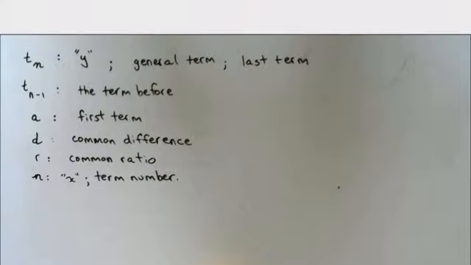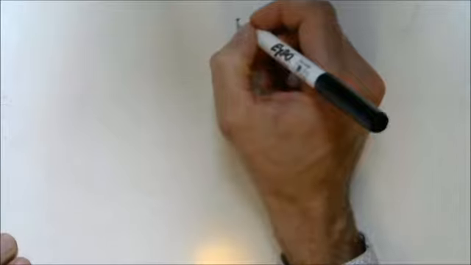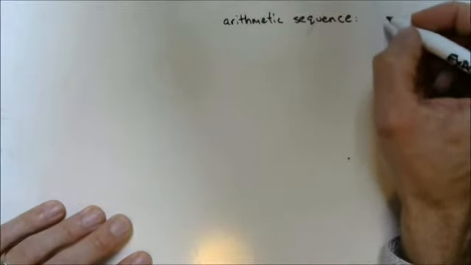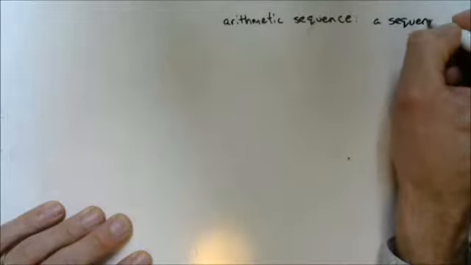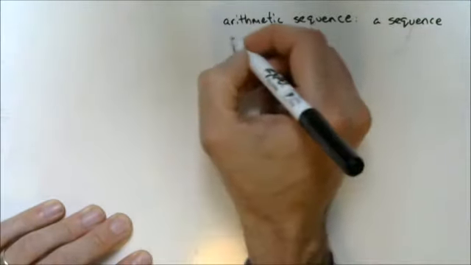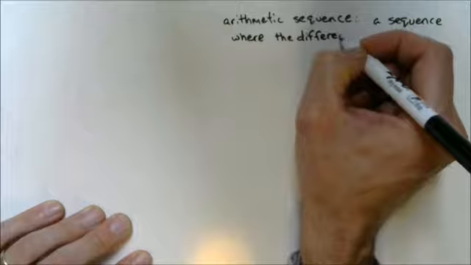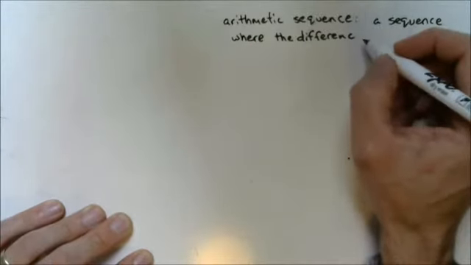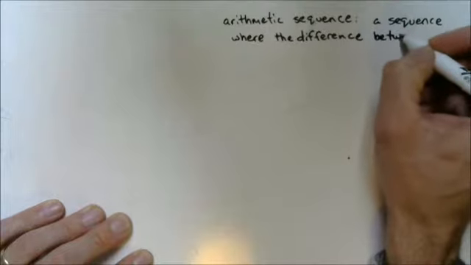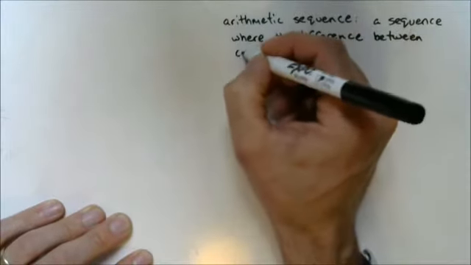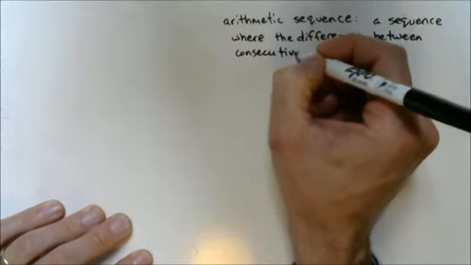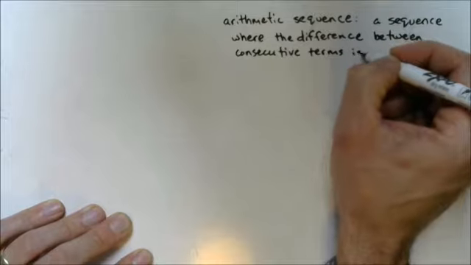Now on the right side of that page, we will have two definitions, the first of which is arithmetic sequence. This is a sequence where the difference between consecutive terms is a constant.